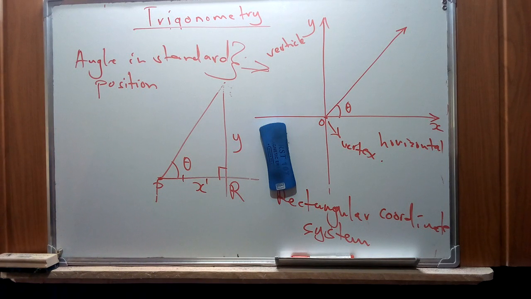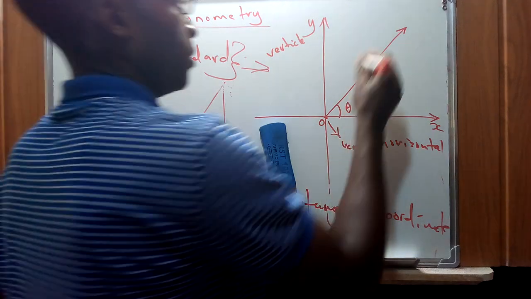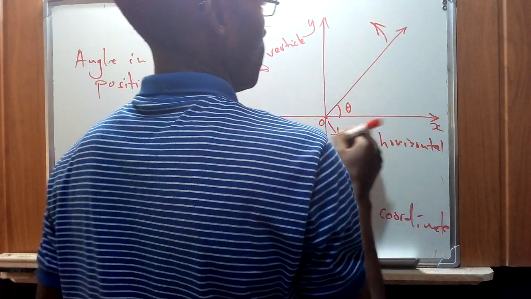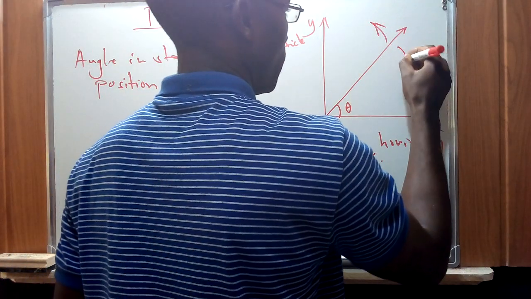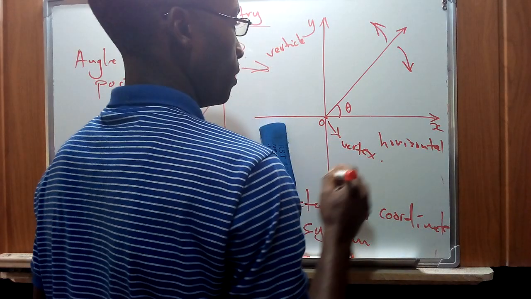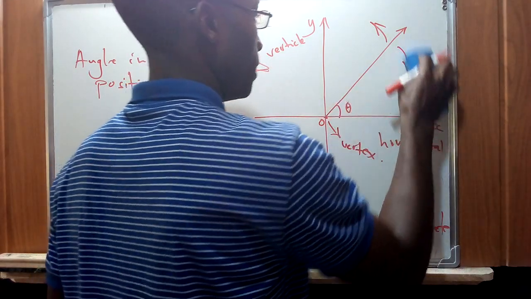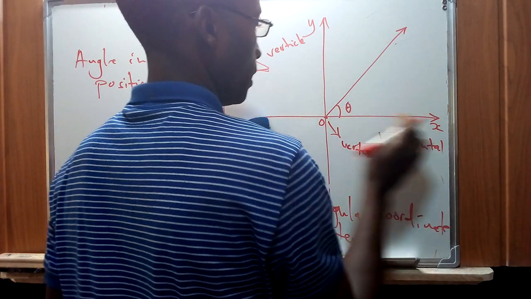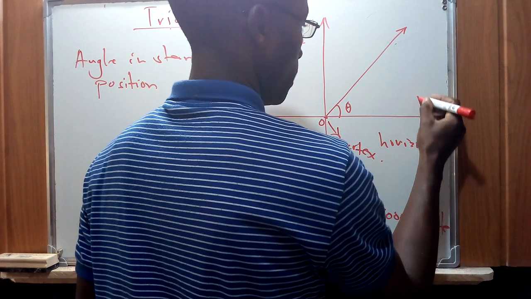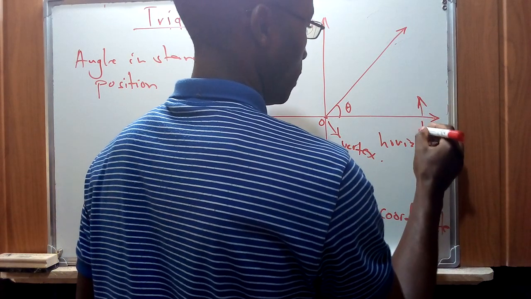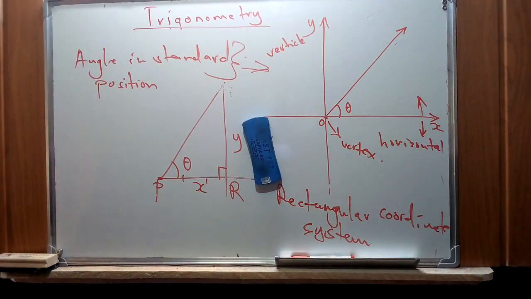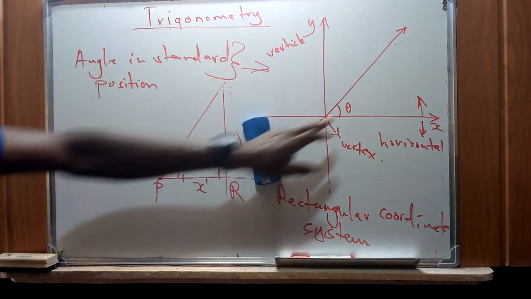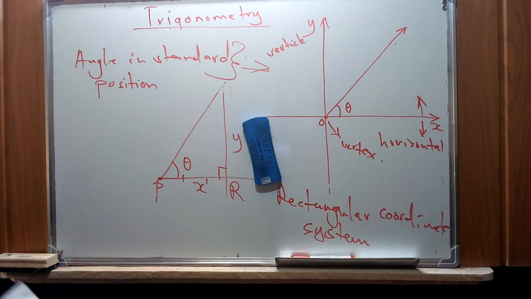The extent to which that ray is rotated forms an angle. So bearing in mind that I'm rotating relative from this position, I've just rotated it in a clockwise direction to form angle theta.